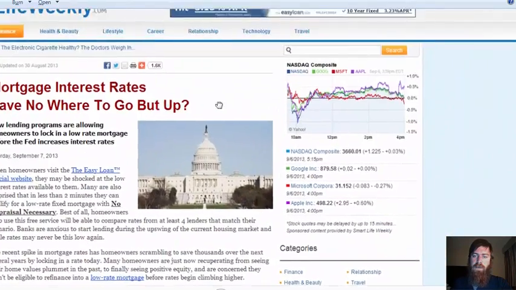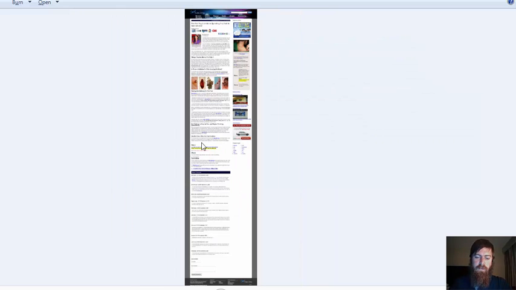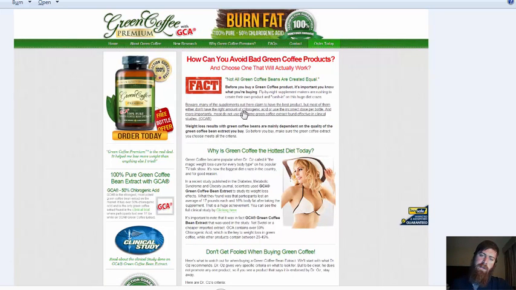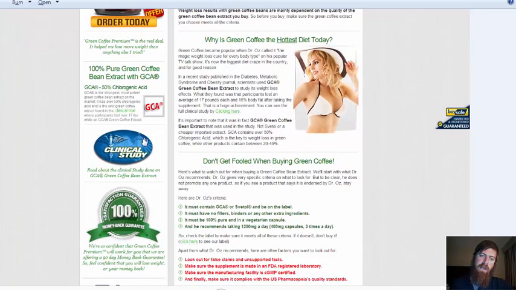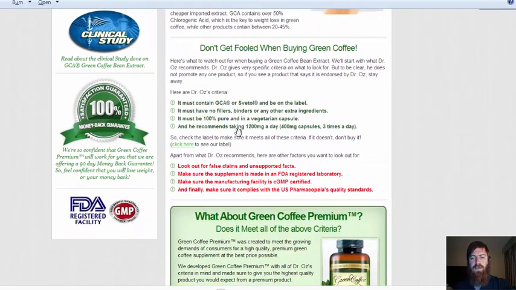So this does not. On this Garcinia page, they say, read about this clinical study being done on the Garcinia coffee bean extract. So they are alluding to a Garcinia study.